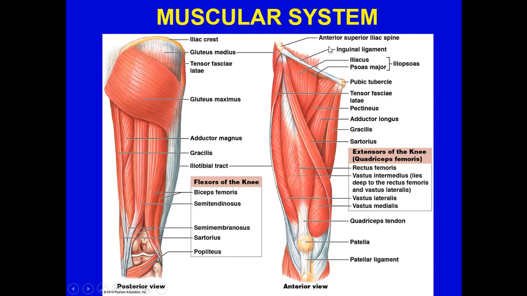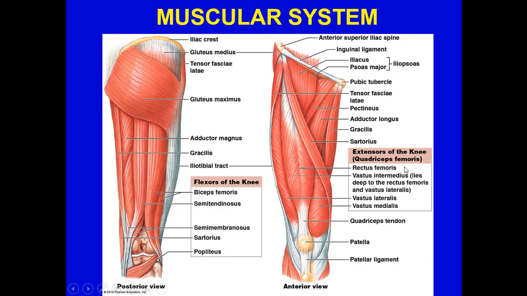Now, if you look at the front side, we've already dealt with some of this, you know, the iliopsoas, which of course is the psoas and the iliacus, the inguinal ligament, etc. Tensor fasciae latae, here it is, up against the iliotibial tract, the gracilis, the adductor longus, the pectineus.